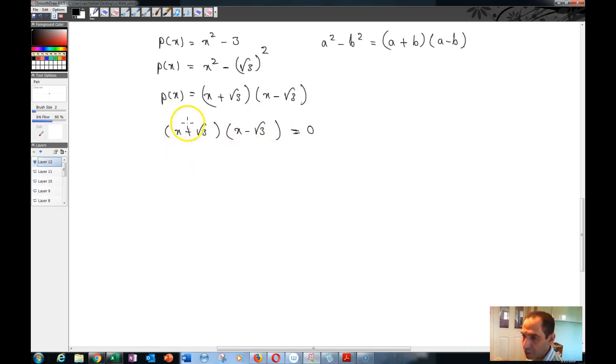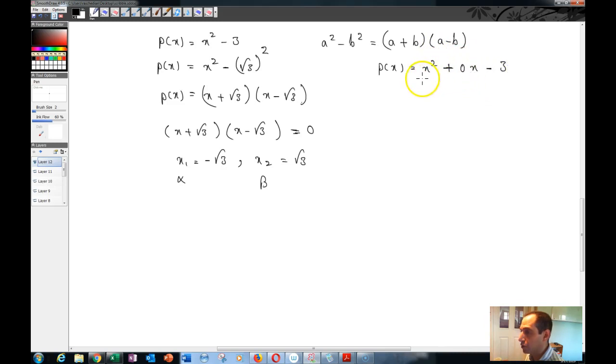So this one gives me x1 is equal to negative square root of 3. And this one gives me x2 is equal to positive square root of 3. And take this, for example, alpha and beta. Now, over here, your polynomial was p of x is equal to x squared plus 0x minus 3.